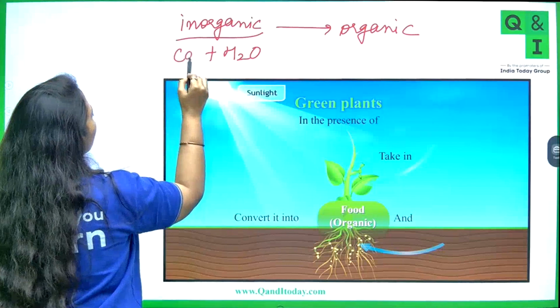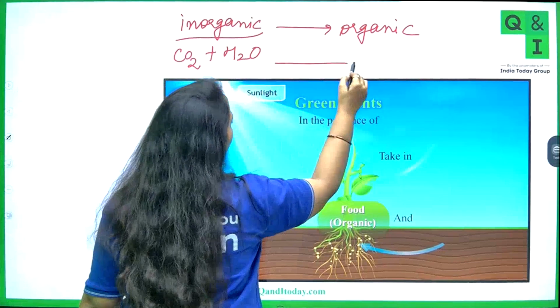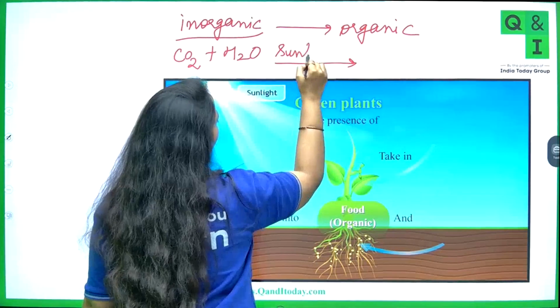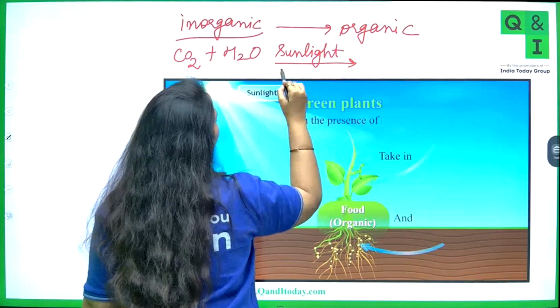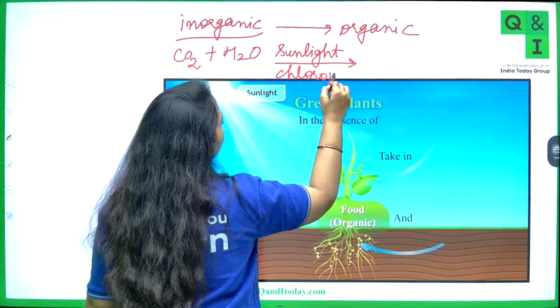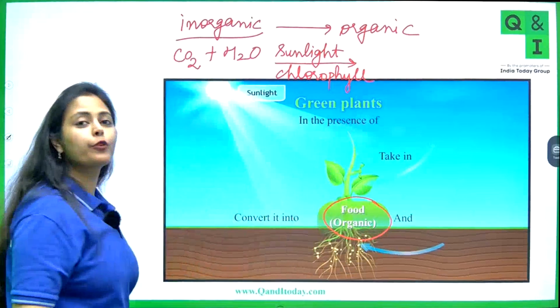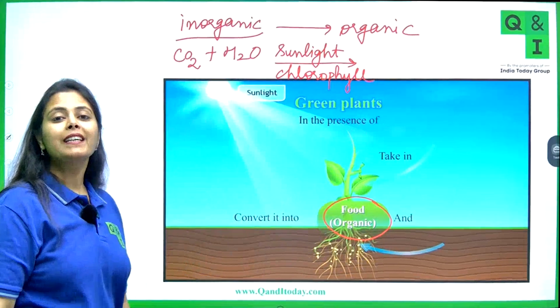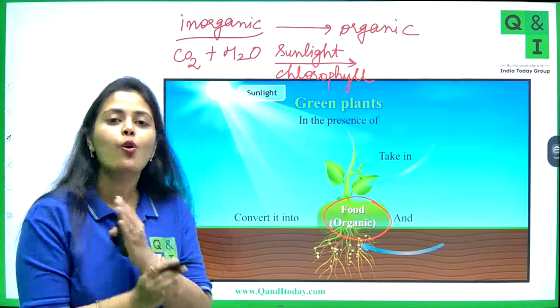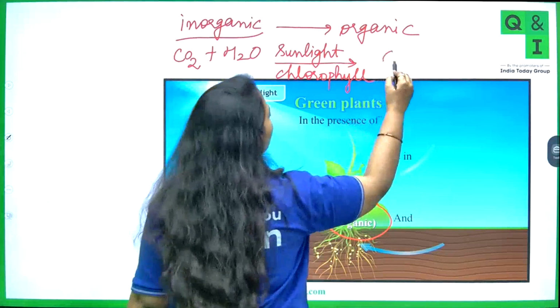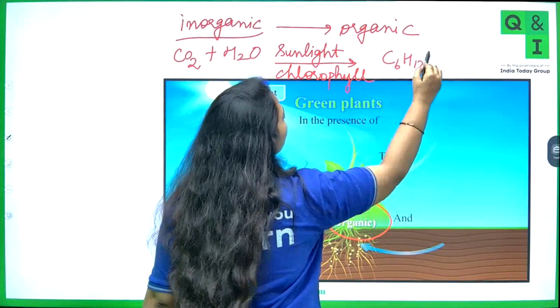Okay, so first inorganic component is CO2. Now, sunlight and chlorophyll, we are going to write over here because these are accessory things which are present. Okay, and now the organic food which is getting formed is what? This is your glucose. Yes, so now eventually C6H12O6.